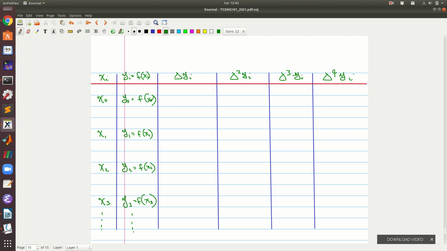So we have seen that the first forward difference at y naught is y1 minus y naught, the value here minus the value here.